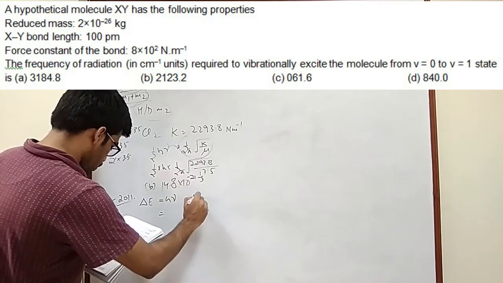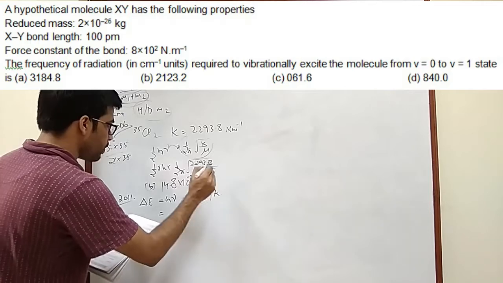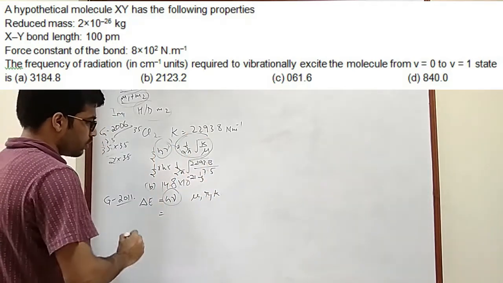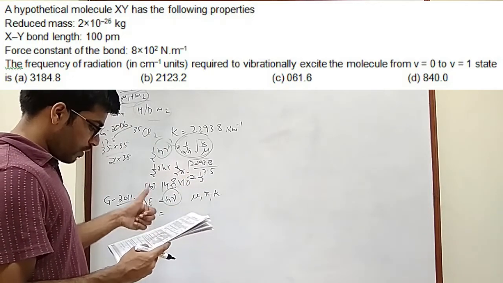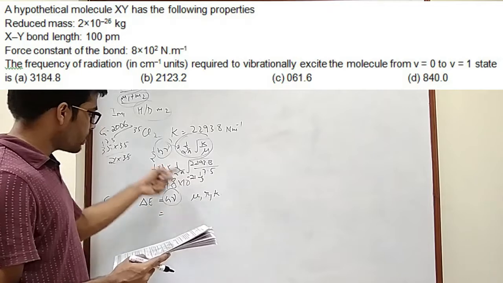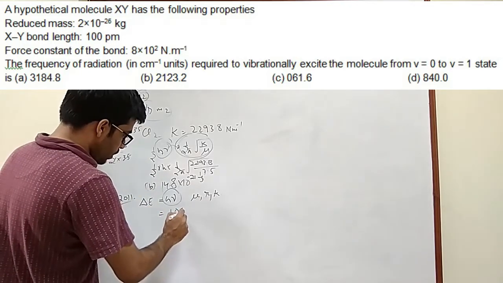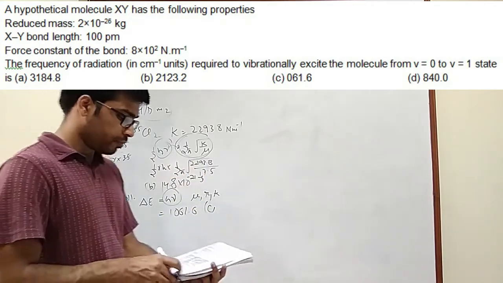They have given you reduced mass, bond length, and force constant. That means you have to first find nu using this and then put it in this formula. It's the same process. So everything is given, reduced mass is given, force constant is given. Okay, so the answer for this should be 1061.6, which is given in your option number C.